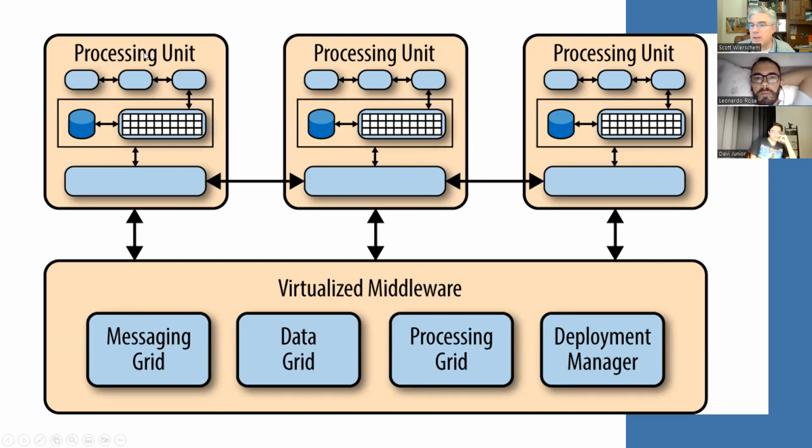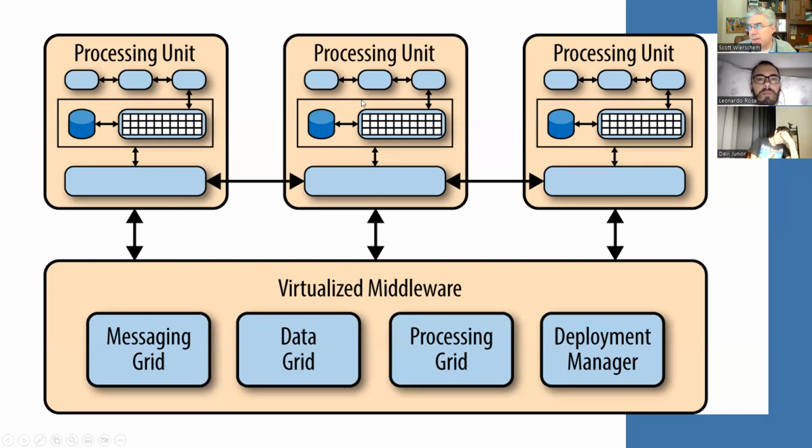The processing unit has all your application components, your UI and your business logic, and the application functionality is distributed however it needs to be among the various processing units. The processing unit also holds the replication engine that replicates the changes for the data.